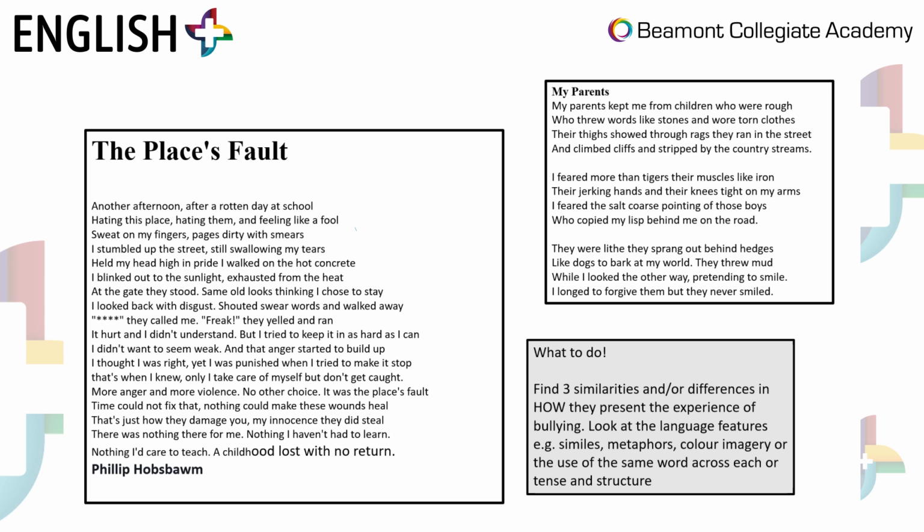I feared more than tigers, their muscles like iron, their jerking hands and their knees tight on my arms. I feared the salt coarse pointing of those boys who copied my lisp behind me on the road. They were lithe, they sprang about behind hedges like dogs to bark at my world. They threw mud while I looked the other way, pretending to smile. I longed to forgive them, but they never smiled.